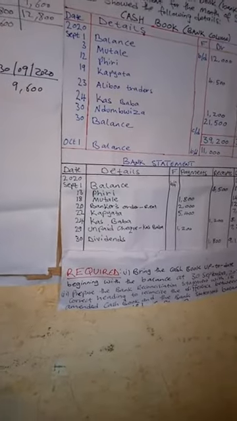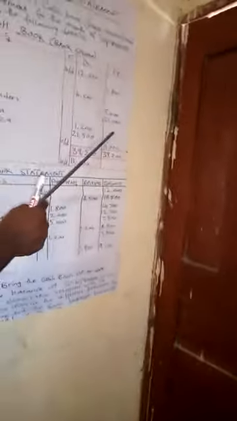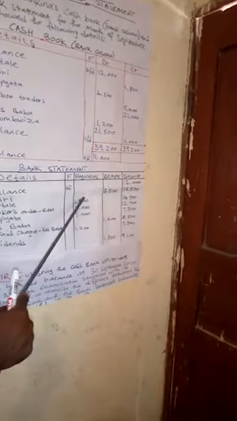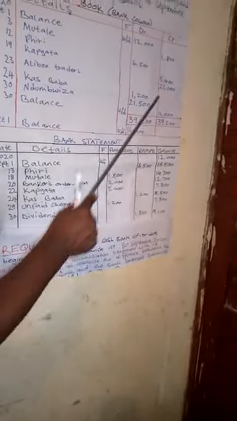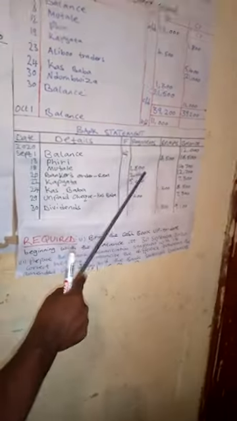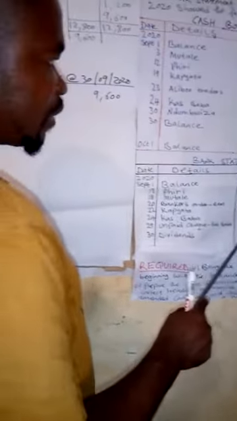Since they were given to the creditors, we expect them to be on the credit side of the cash book. So we'll look at the credit side versus the debit side of the bank statement. Any amount that is here but missing here qualifies to be an unpresented check.